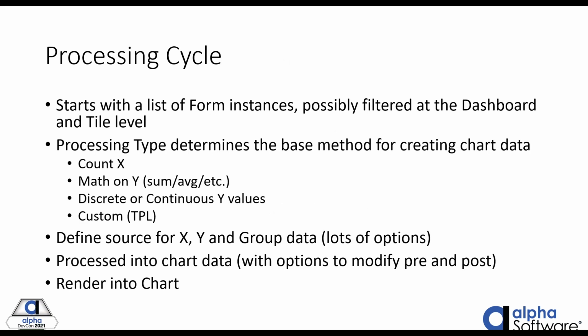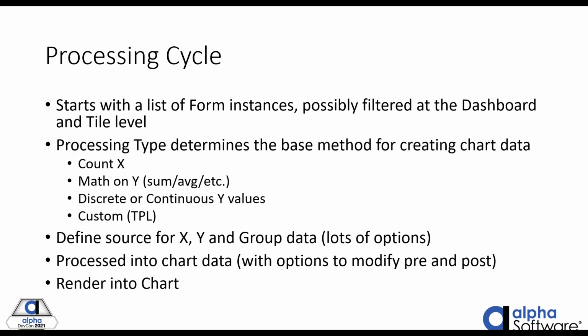One other thing that is important to understand, and I thought Dan had a really good picture of this as well, is how our form data gets turned into a chart. We start with a list of forms, and maybe those are filtered at the dashboard or the tile level. Then we choose some kind of processing type that says how we are going to create chart data.